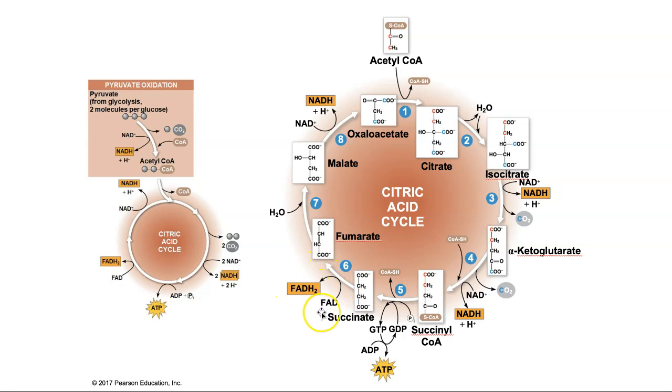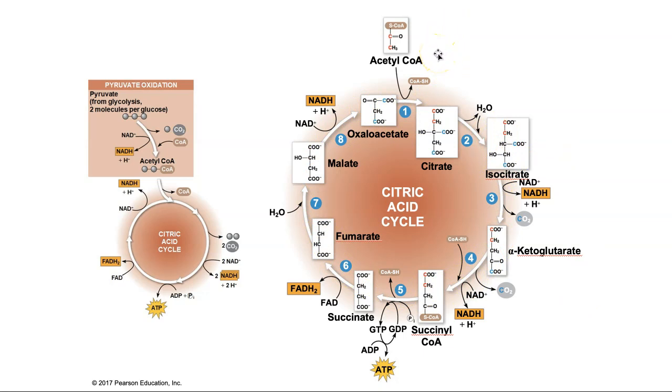It also grabs two electrons. So we make 1, 2, 3 NADHs and 1 FADH2 with just one turn, in addition to 1 ATP, right? We see that 1 ATP there. We also lost 2 carbon dioxides, so we lost 2 of our carbons in this turn as well.